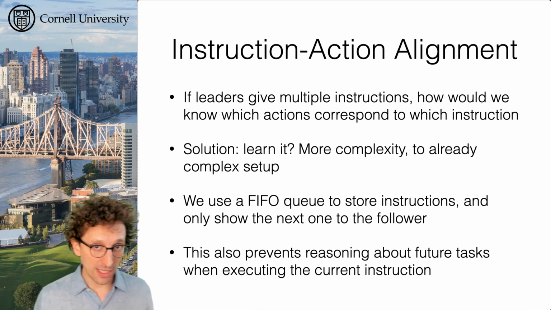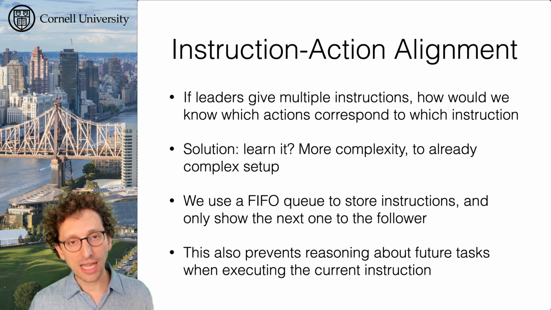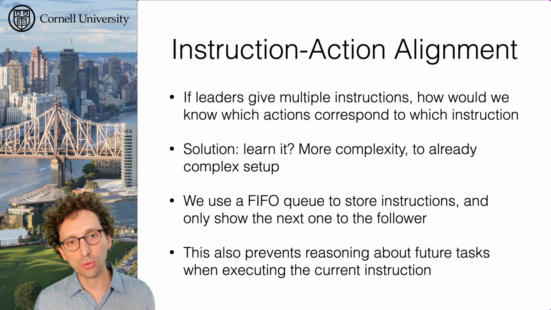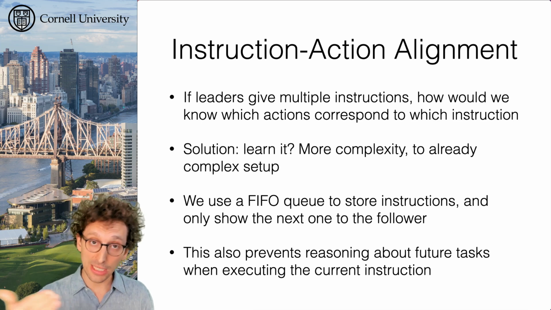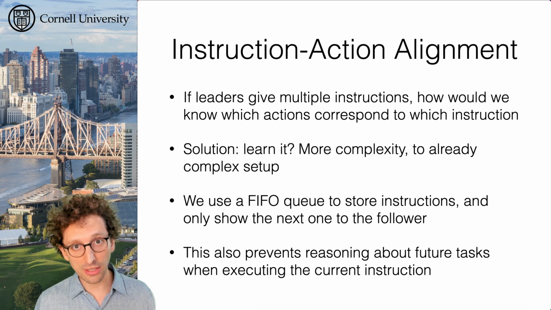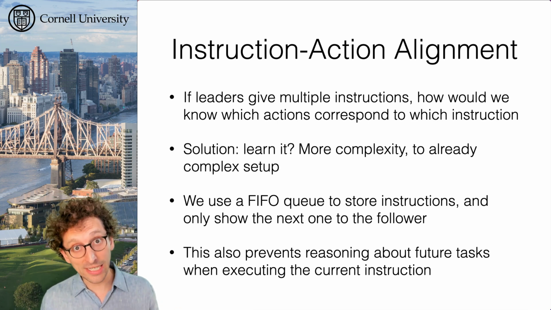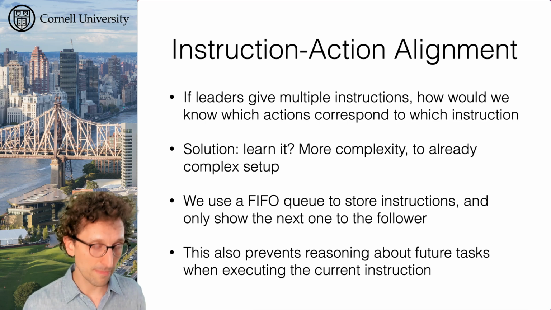If the follower could see the future tasks, they might decide to do some actions entailed by those tasks while executing the current instruction, which would give us a poor alignment and poor credit assignment between actions and instructions.